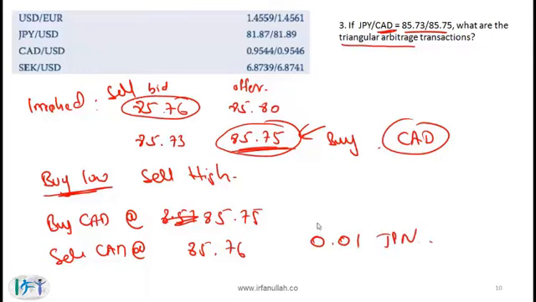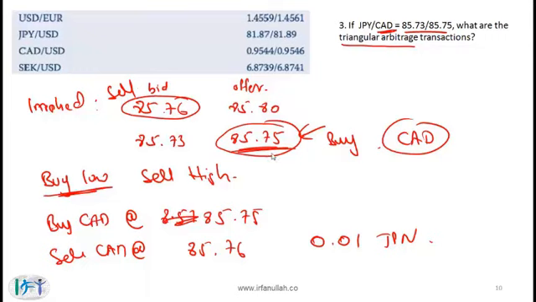So what are the key points over here? The key point is that to make an arbitrage profit, there needs to be inconsistency between the implied cross rate and the cross rate. Specifically, the example we've seen here is that if the implied bid is higher than the offer rate in this interbank market, then you can make an arbitrage profit.